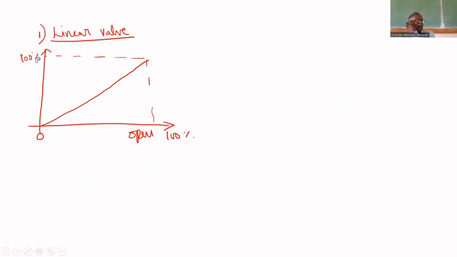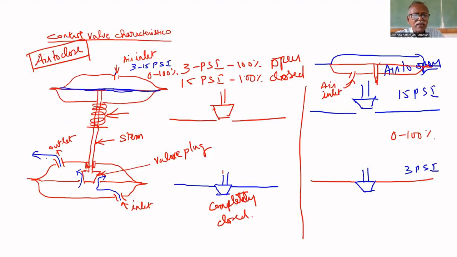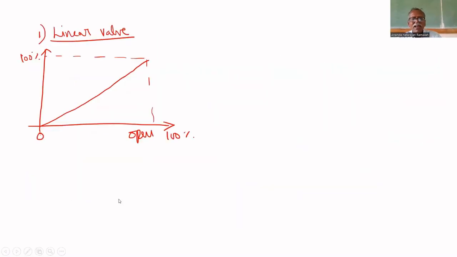Then it is called a linear valve, provided the pressure drop across the valve is constant. This end is A, this end is B. Inlet is B, outlet is A. If the pressure across A and B is constant, then the linear valve will give a linear flow rate.